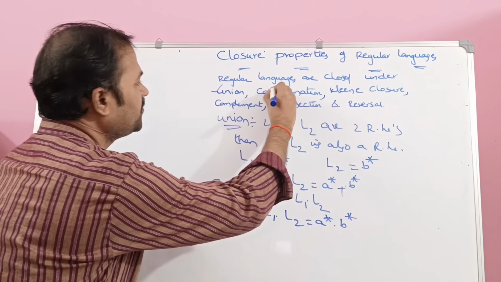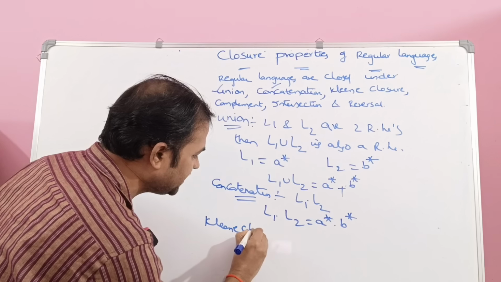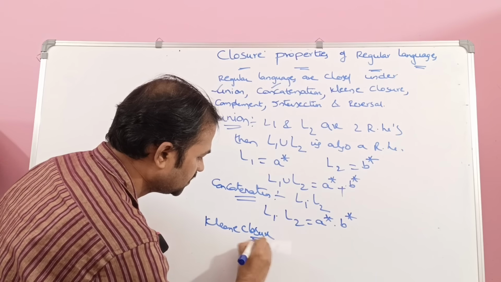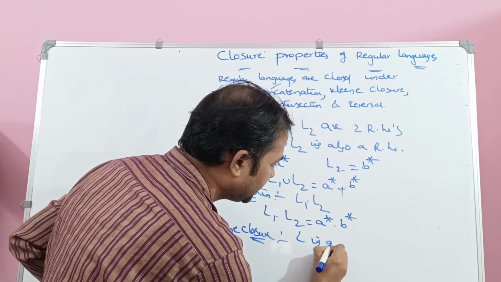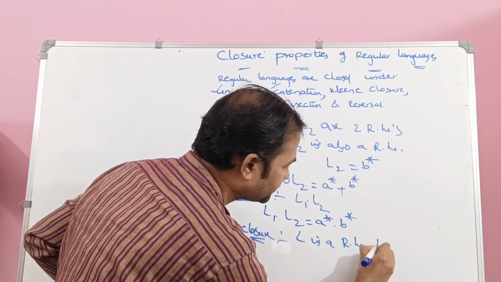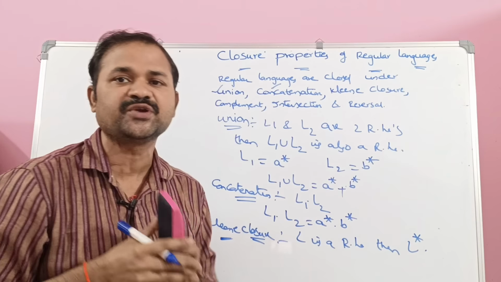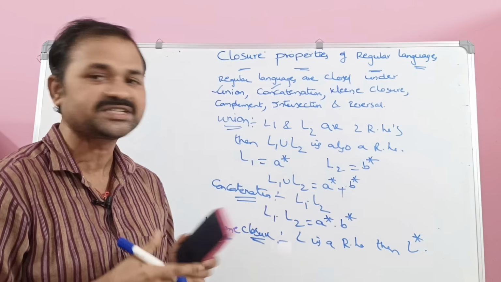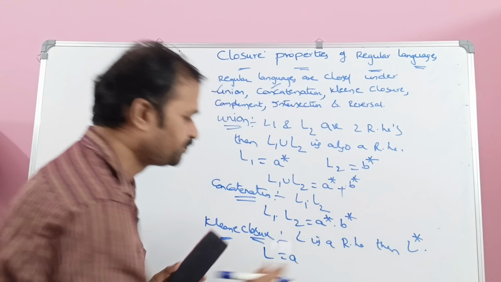And the third property is Kleene closure. If L is a regular language, then L star is also a regular language. Let us take an example. Let L be equal to a.